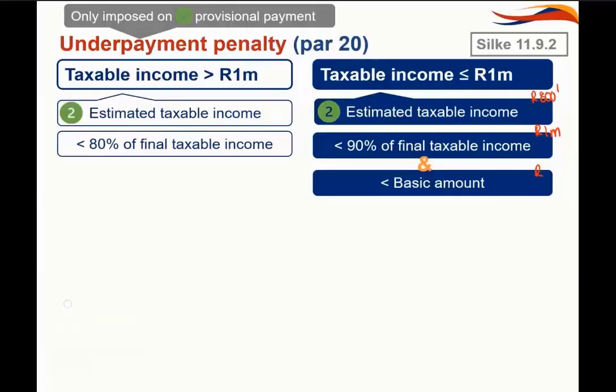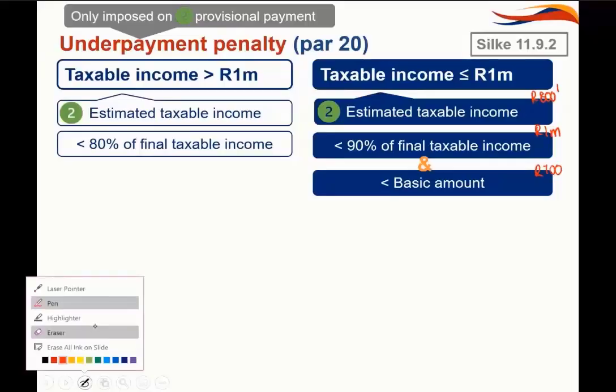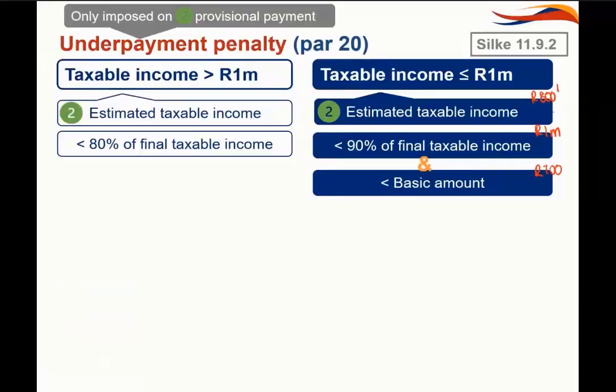But now let's say my basic amount was 700,000. Then I will not be subject to an underpayment penalty because my basic amount was less than what my estimate was. Okay? Let's say my estimate was 950,000.